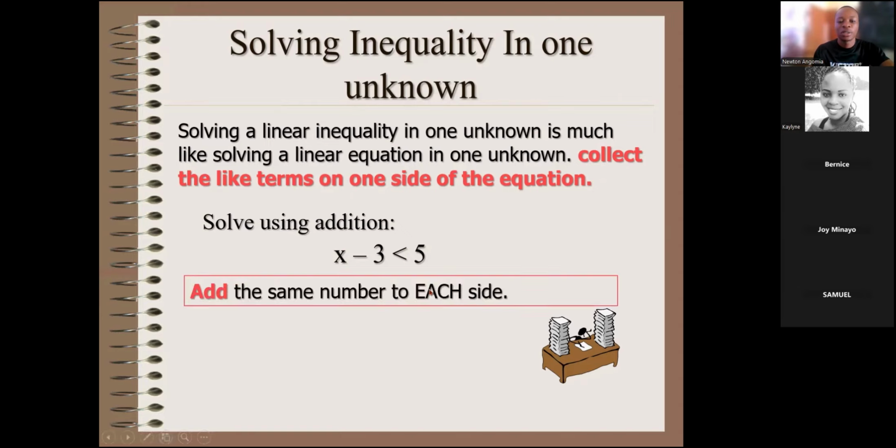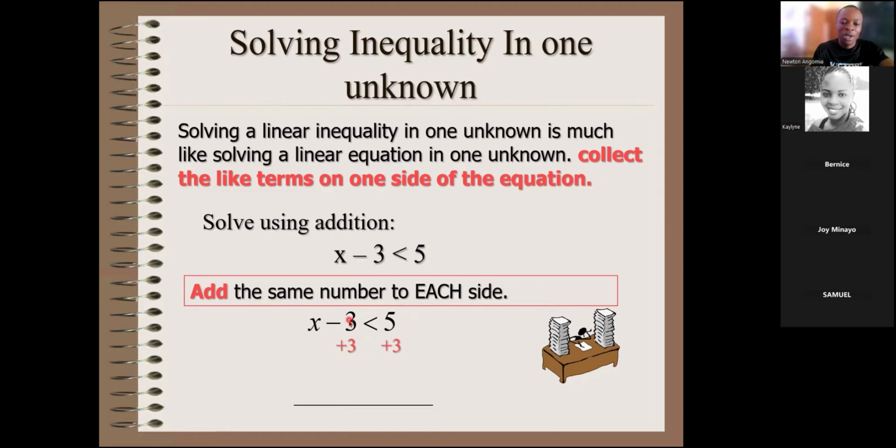Now that is what happens. You add the same number to each side, and that is the 3. So x minus 3 plus 3 gives you 0. Also on the other side, where we have 5, you put plus 3. But the common analogy that you are used to is to say, I want to shift this -3 to the other side of the inequality symbol.